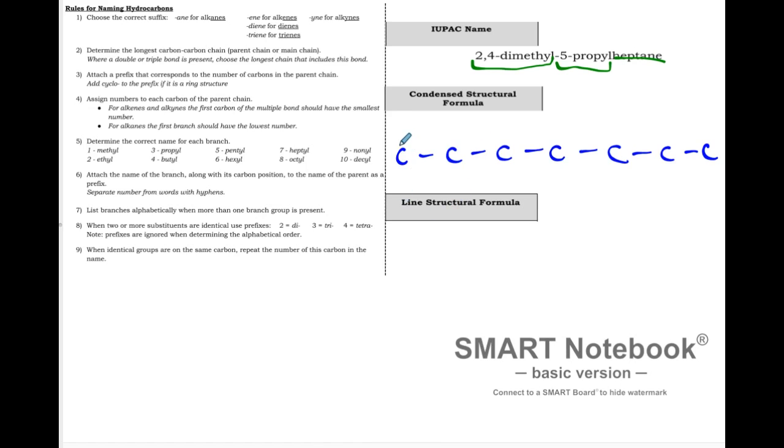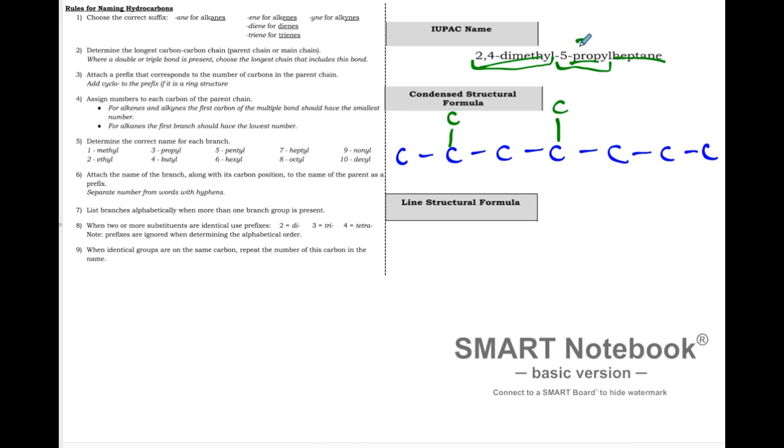So if we number this as our first carbon, because we can control how to draw it, might as well draw it left to right. 1, 2, we have a carbon attached to it. So we have a carbon here. 1, 2, 3, 4. So we have another methyl. We're done with that. The last substituent is at the 5th carbon, and it is a propyl.